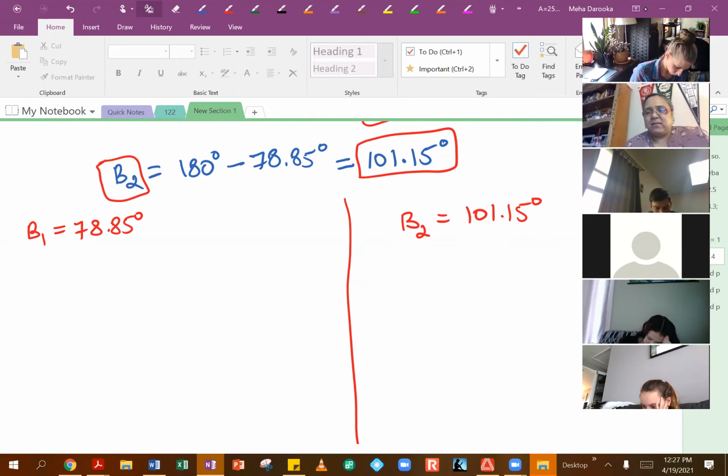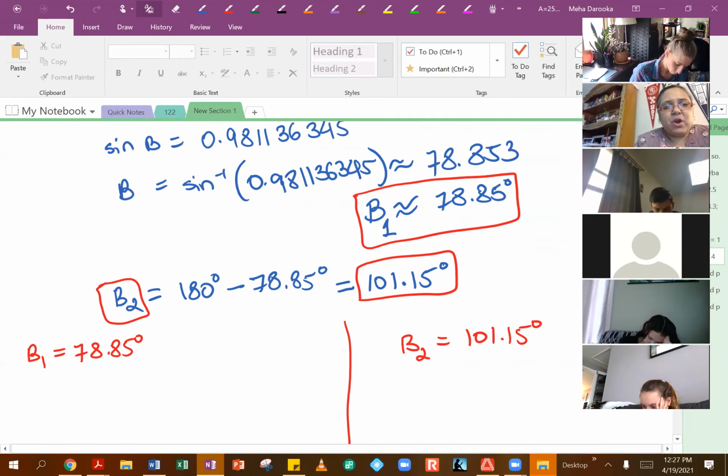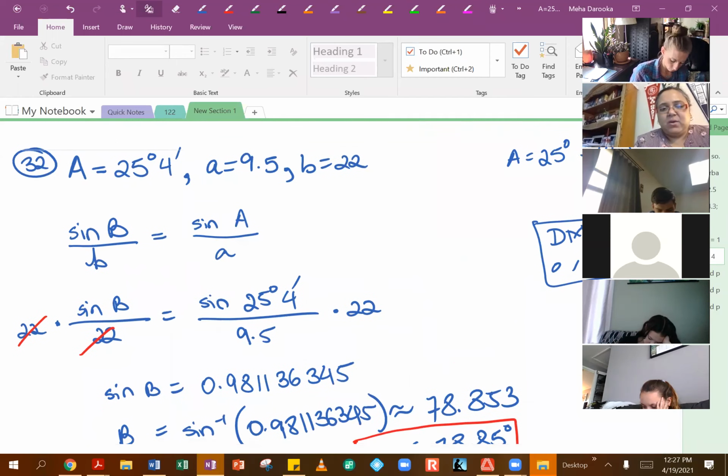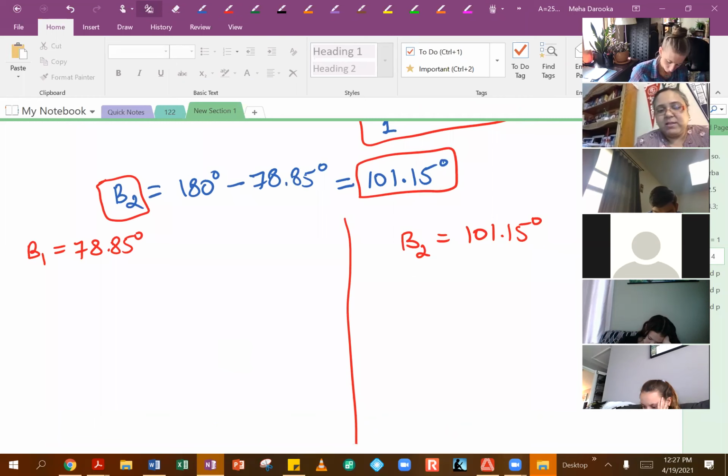Let's start with angle C in this case. We already know angle A. We know angle B1. So what do you think angle C1 is going to come out to be? And you can do that same calculation here for C2.